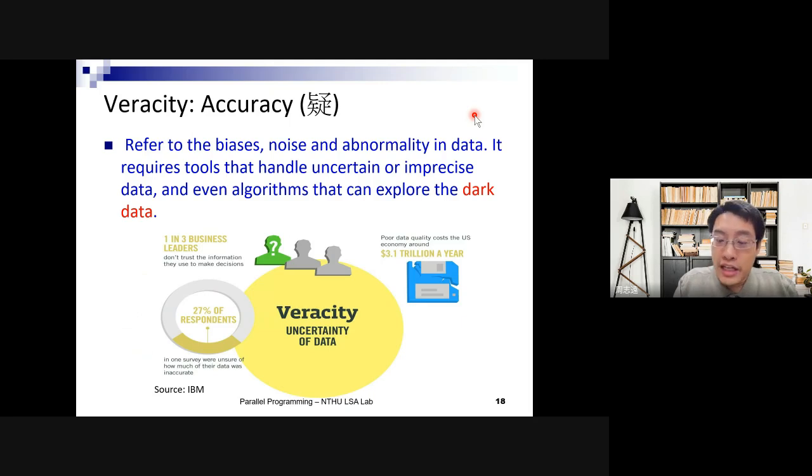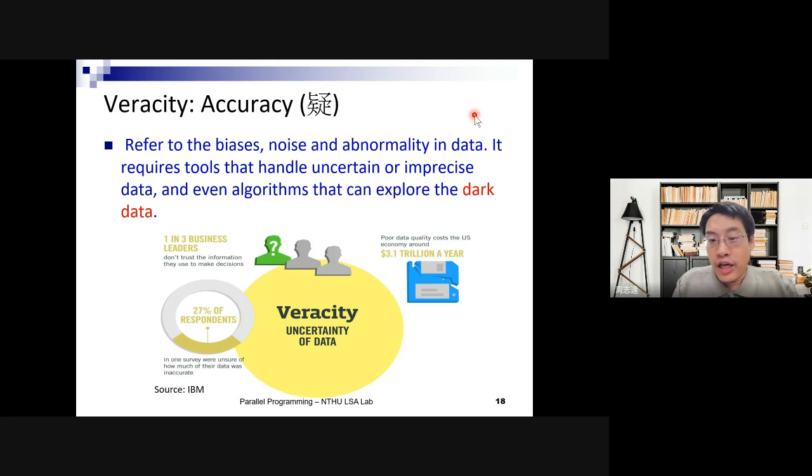So for big data, we don't want to throw out data for any reason. As a result, you might have some data that is inaccurate, and it's especially common if you collect data from sensor devices, right? It's very normal to have some abnormal signals or packet drops when you collect the data. So for big data, you need to overcome that.